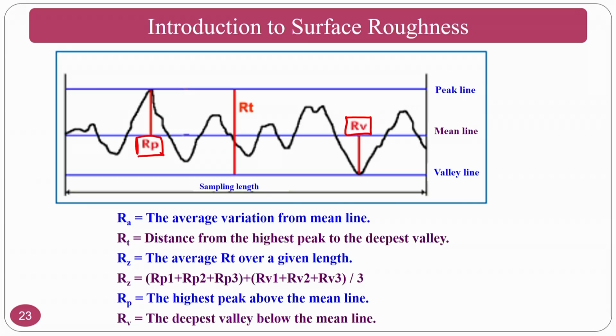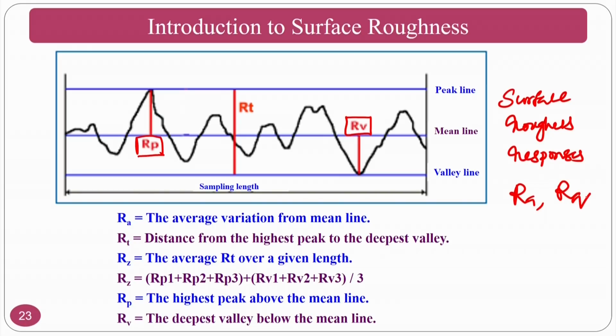So the surface roughness responses that one can observe are RA, which is central line average value, RQ, that is root mean square value, and RT, which is nothing but maximum peak to minimum value. These are the three things that one can consider.